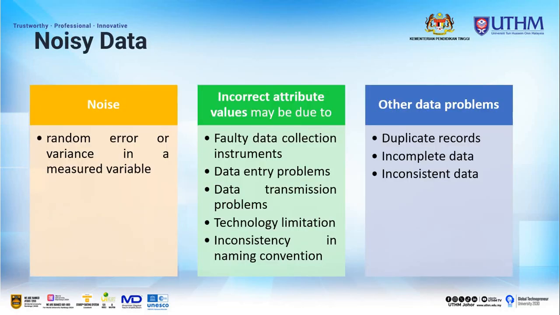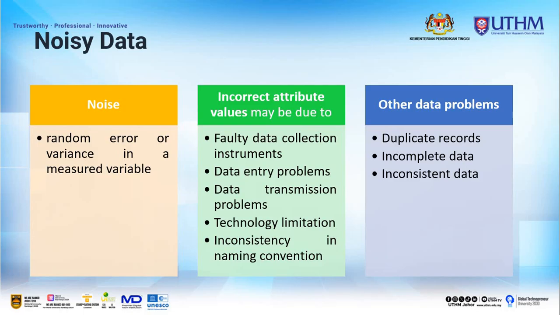Next, noisy data. What is noise? Noise basically refers to random errors or outliers in the data sets, variance in a measured variable. For instance, a temperature reading suddenly jumping to 800 degrees Celsius, or a text field showing ABC123.